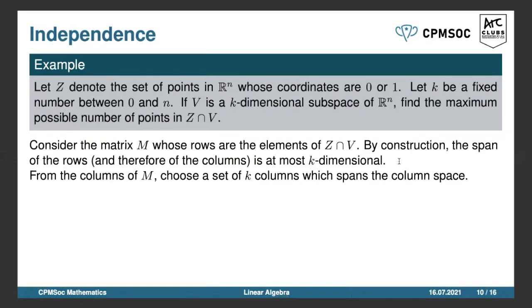And because we have this equality between the rank of the rows and the rank of the columns, we can pick a set of k different columns which spans the column space, because the column space is at most k-dimensional. If we had to choose k+1 columns, it would be k+1 dimensional. But because it's just k-dimensional, we can do it with only k of the columns.